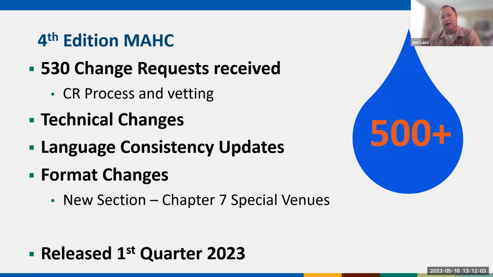When we have other novel venues that come along that need some guidance, it'll go into Chapter 7 for special venues. So for the next MAC update, for example, I'm going to be submitting a change request in regards to artificial lagoons. It'll go in Chapter 7, which will be a lot easier to incorporate there at the end than trying to shuffle it into all the various sections throughout Chapter 4 and 5.